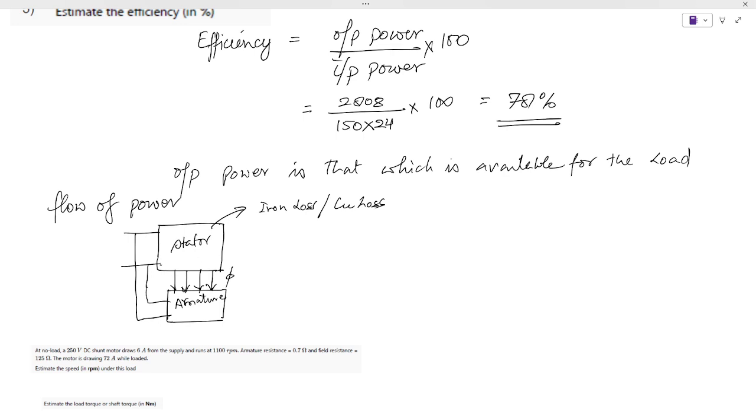If a stator of a DC machine is properly designed, we have very minimum iron loss. Then in the armature again there will be some copper loss. A well designed armature will have minimum iron losses.